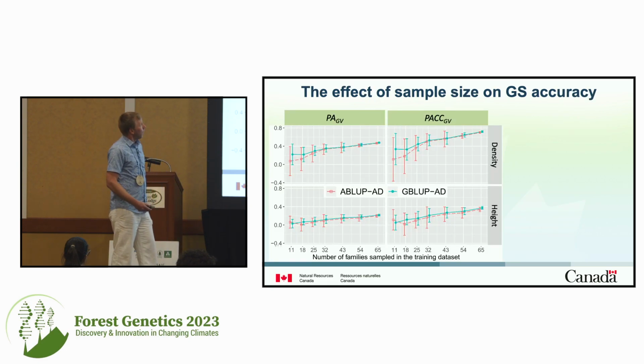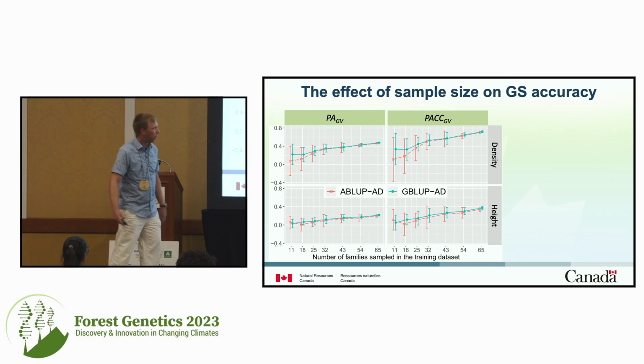So let's have a quick glimpse at the effect of the sample size on accuracy. This is predictive ability, predictive accuracy. I'm not going too much into detail, but what we see is that, first of all, the curves go up with more families tested. This is a good sign. Also, errors become smaller. At a low number of families we see these horrible errors around the estimates, and the accuracy changes a lot from one sample to another.